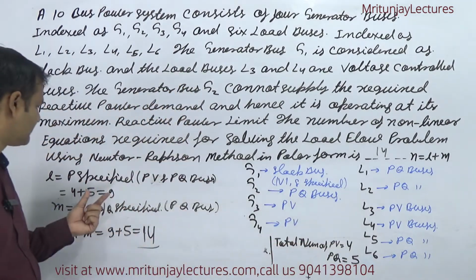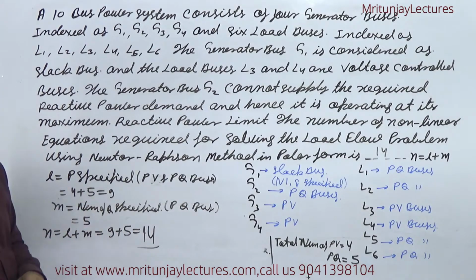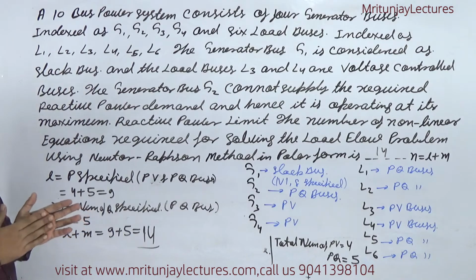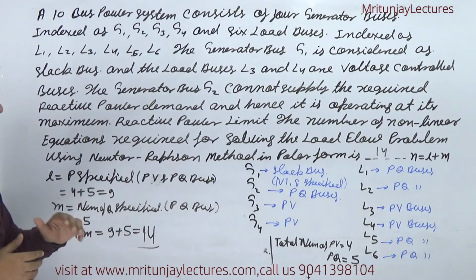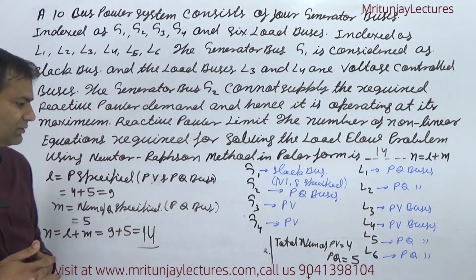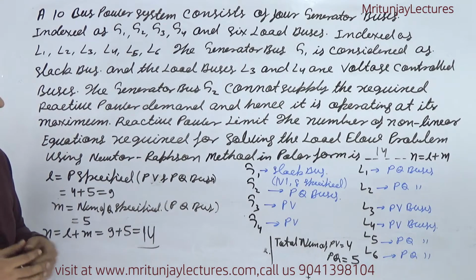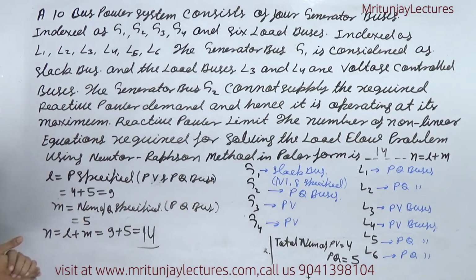Putting in, 4 plus 5 is 9, and here 5. After solving, we got 14. So the number of non-linear equations is 14. If asked for the Jacobian matrix, then it is 14 by 14. But according to the question, 14 is the right answer.